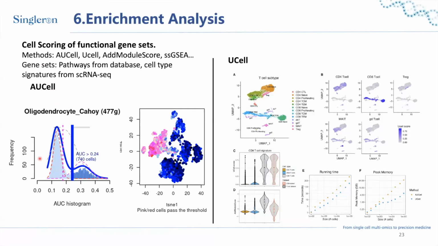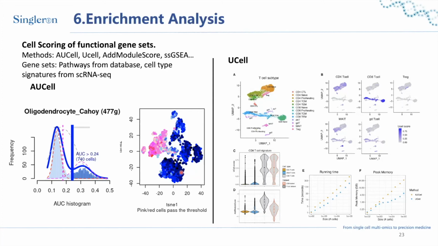For every cell you get an enrichment score, so you can visualize it on the t-SNE or UMAP plot to see which cells have higher activity of that gene set and of that function.